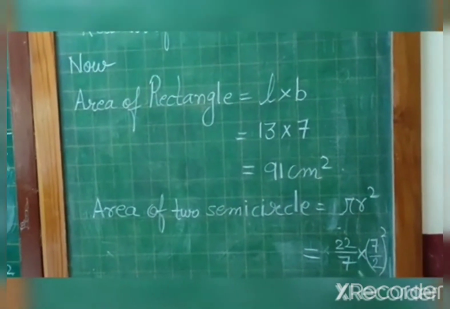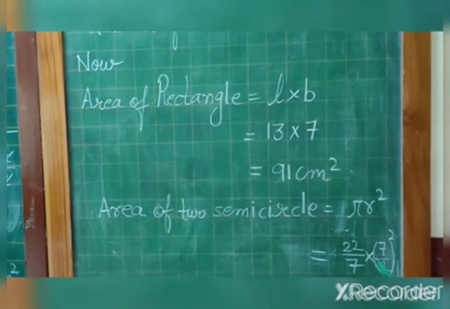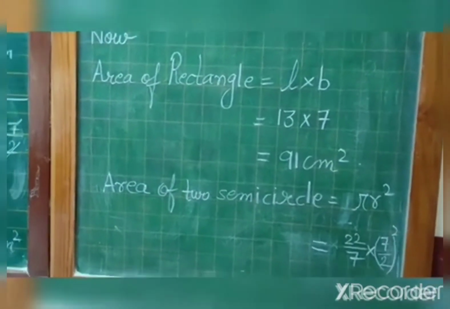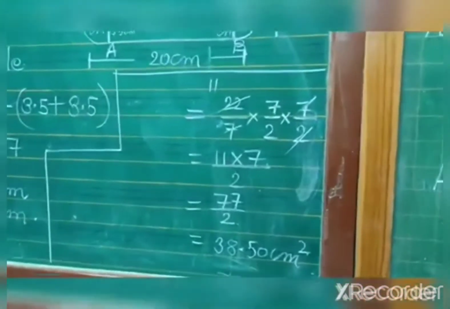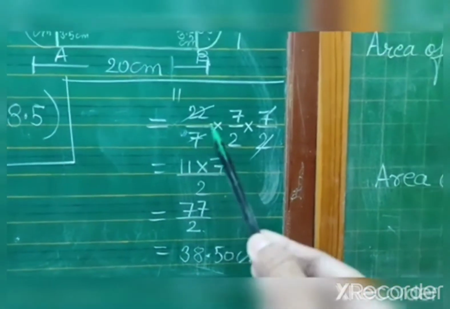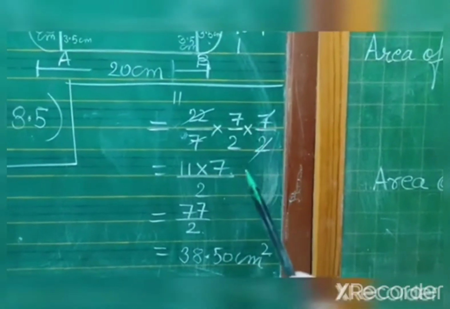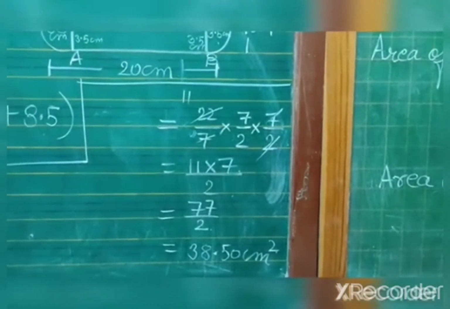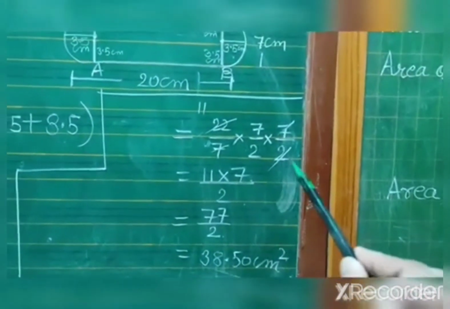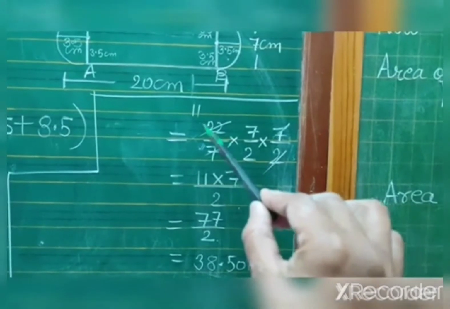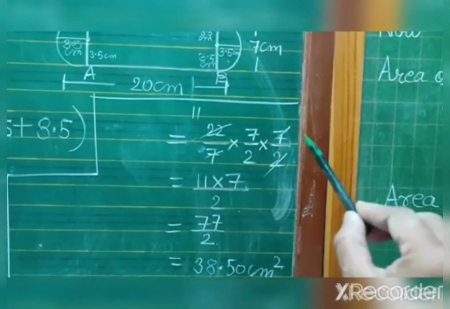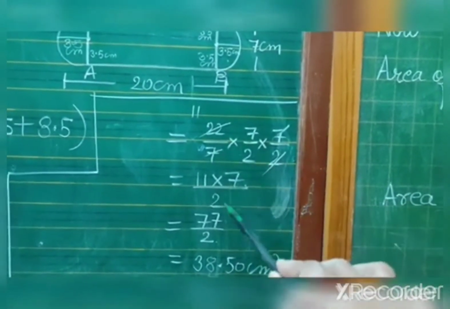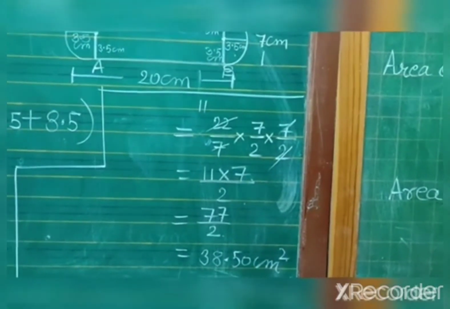The value of pi is 22 by 7 and the radius is 7 by 2, whole square. So calculation, you can see 22 by 7, 7 upon 2, 7 upon 2, you will write 2 times. 2, you can cancel with 22, 7 cancels with 7, so 11 7s are 77 upon 2, that means 38.50.